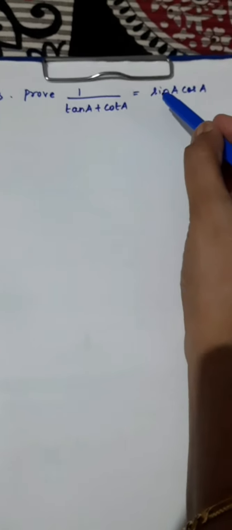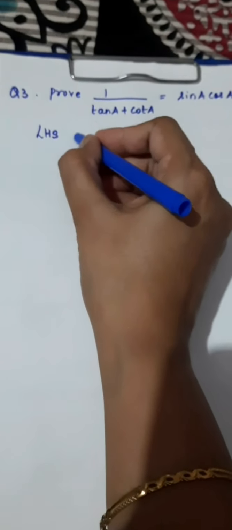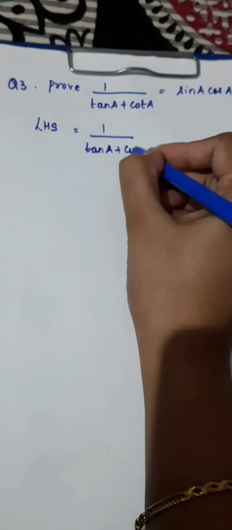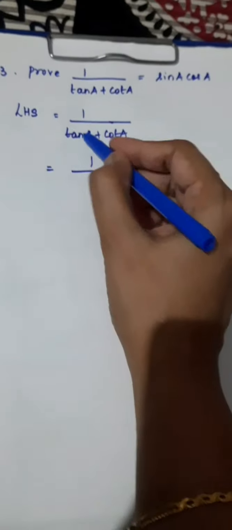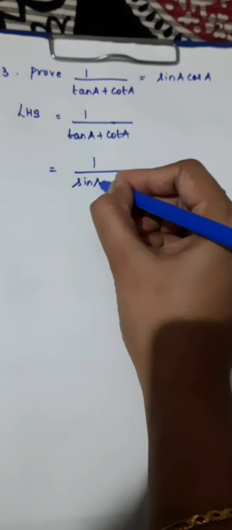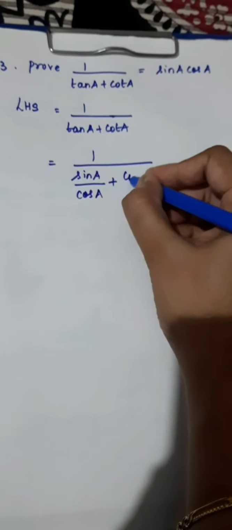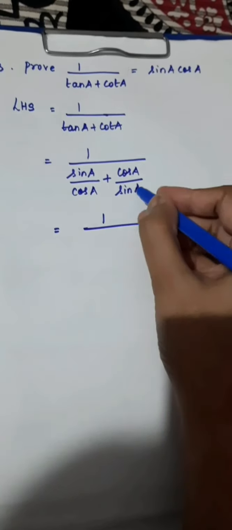Next question 3. Prove 1 by (tan A plus cot A) equal to sin A into cos A. So we can take LHS, 1 by (tan A plus cot A). 1 by tan A can be written as sin A by cos A. Cot A is the reciprocal of tan, so cos A by sin A. Now we have to take the LCM.